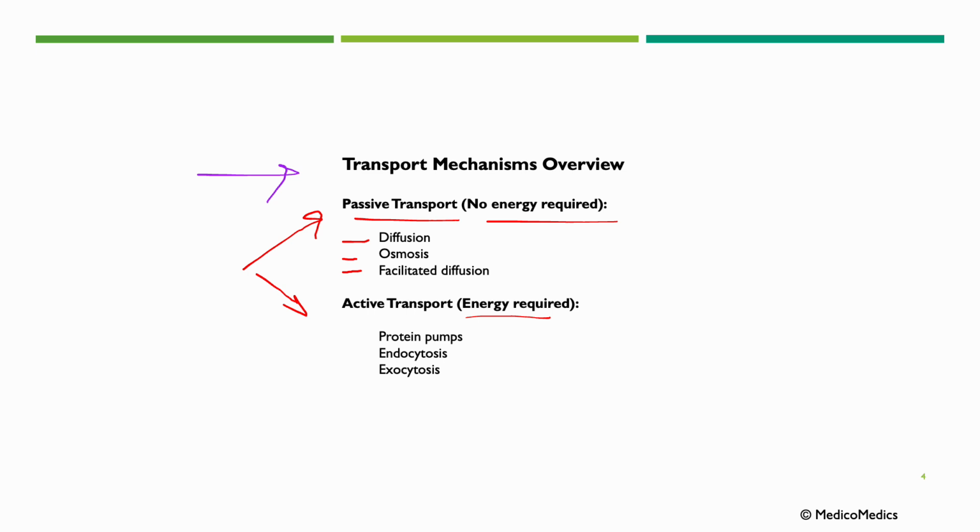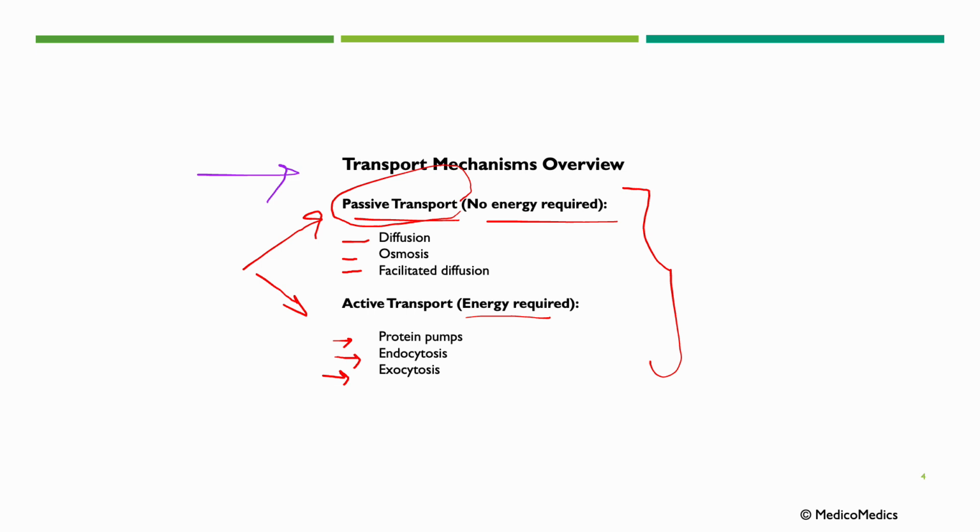When we talk about active transport, we talk about protein pumps, or the processes of endocytosis and exocytosis. So the main difference is that some substances will just sneak through rather easily through the processes of passive transport, and other substances need help or energy to pass the membrane.